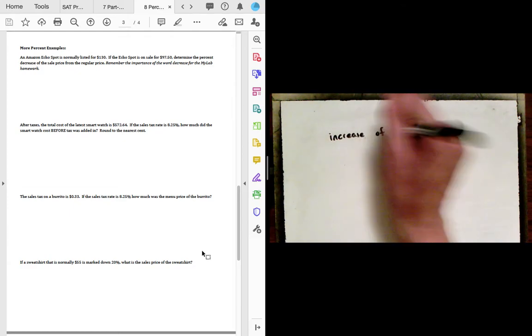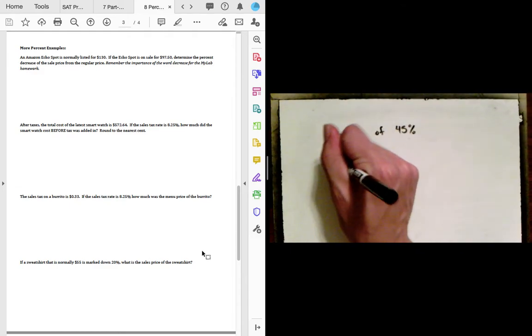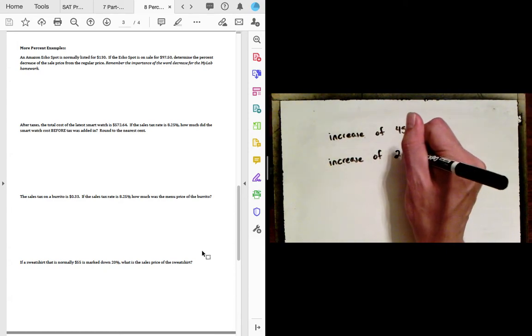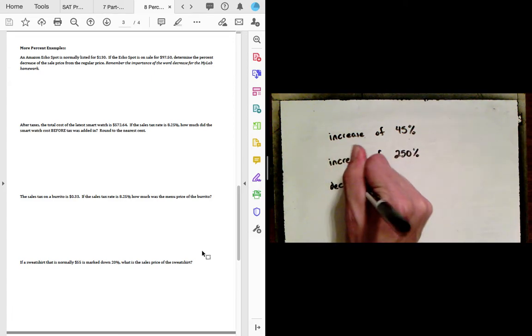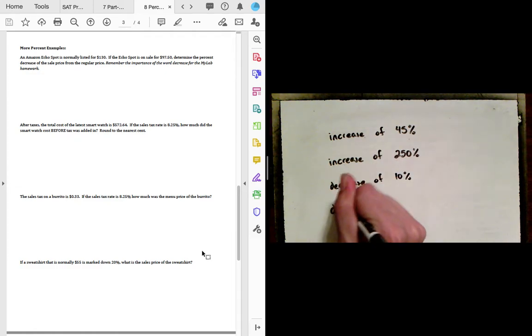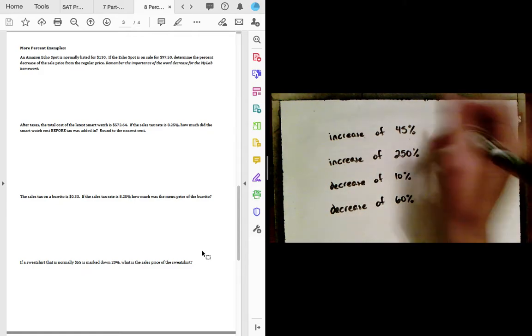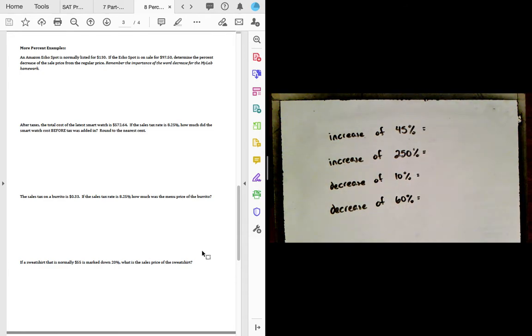Let's do an increase of 45%, an increase of 250%, and then a decrease of 10% and a decrease of 60%. So on your own, try to calculate all four of these values in terms of the multiplier or the decimal representation of these. And again, you can just pause the video when you're ready.